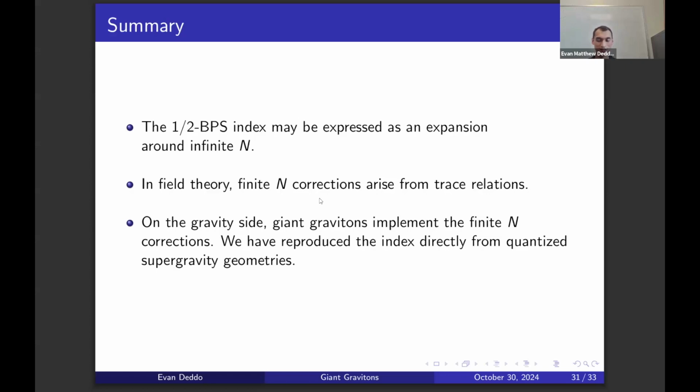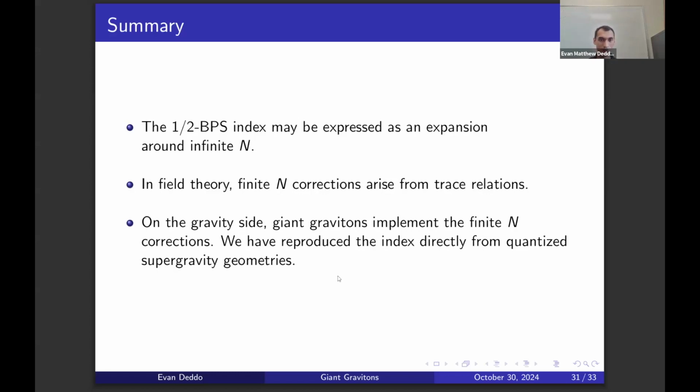These were something we couldn't see before on the gravity side, but with this giant graviton expansion we find that the giant gravitons are what implement these finite n corrections. The new thing we did here was that we reproduced this index directly in terms of the quantized supergravity geometries, rather than just using probe brane configurations.